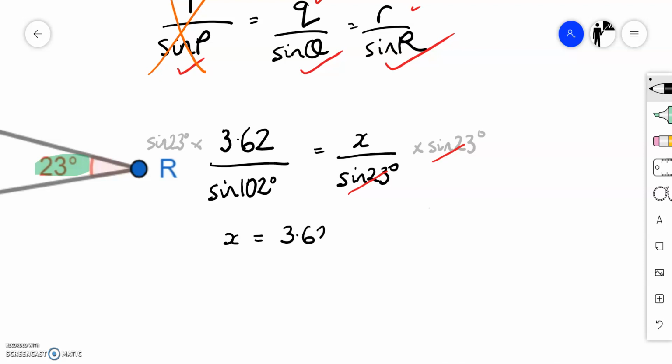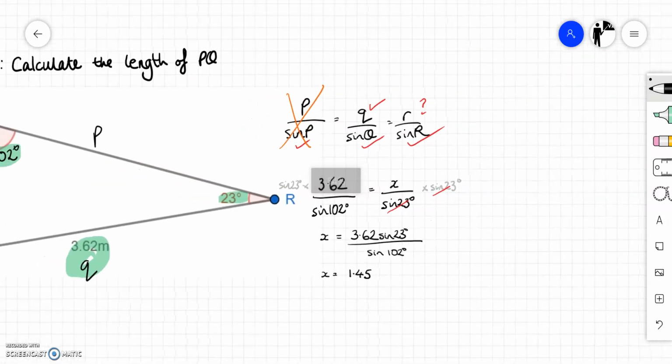We're going to write that as 3.62 sine 23 divided by sine of 102 degrees. On our calculator, 3.62 sine 23 divided by sine 102. Remember to close those brackets, if you don't, you'll get a math error. And when we do that, we get 1.45 to 2 decimal places. In this case, our units are not centimetres, they are metres.